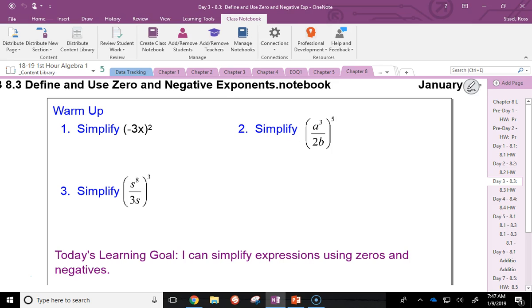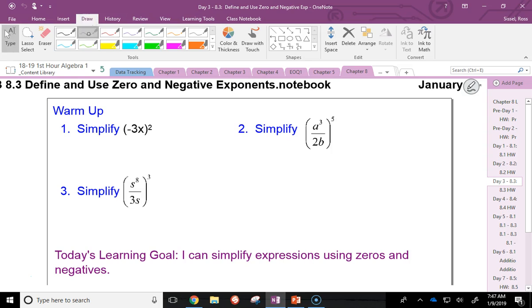Starting off, just to warm up, in our review, simplify negative 3x, and you're squaring it. What would be our answer for negative 3x all squared?